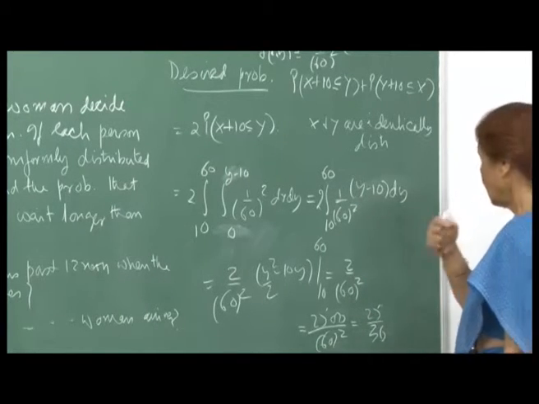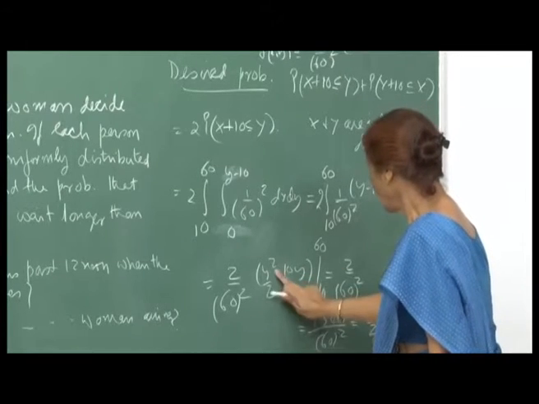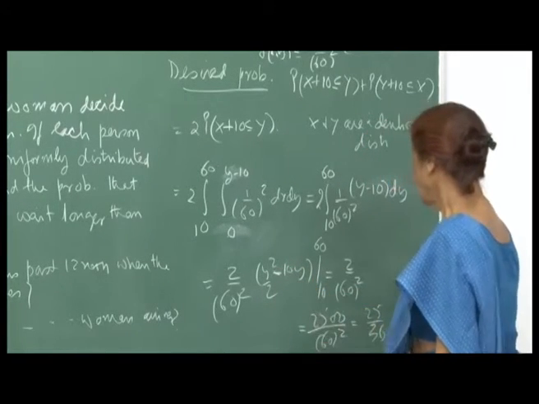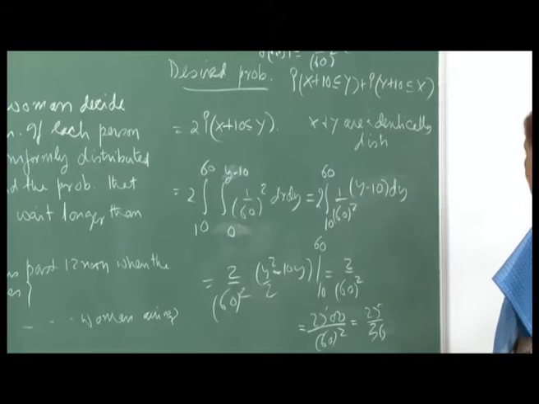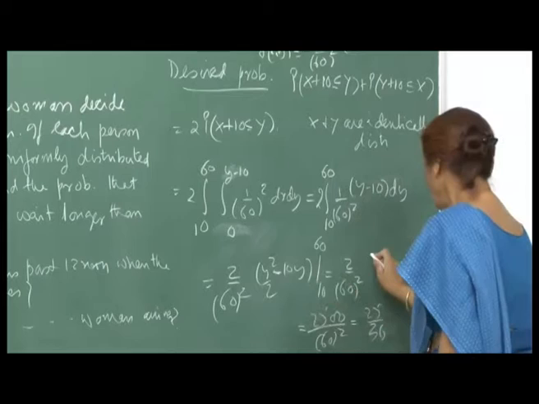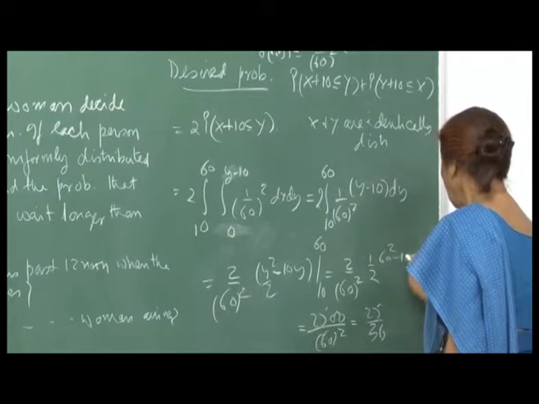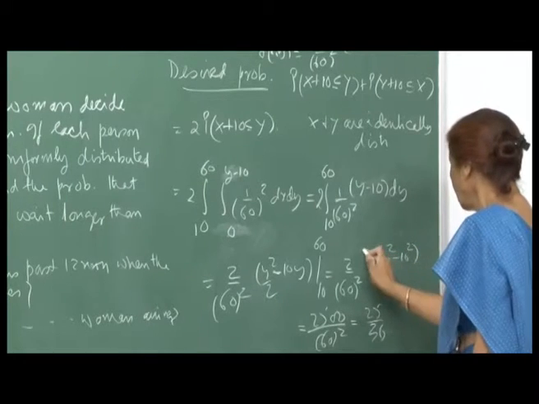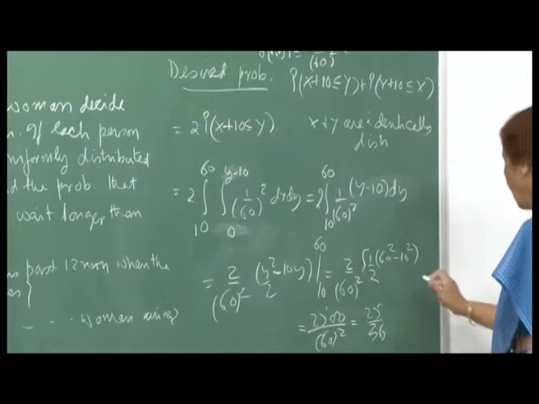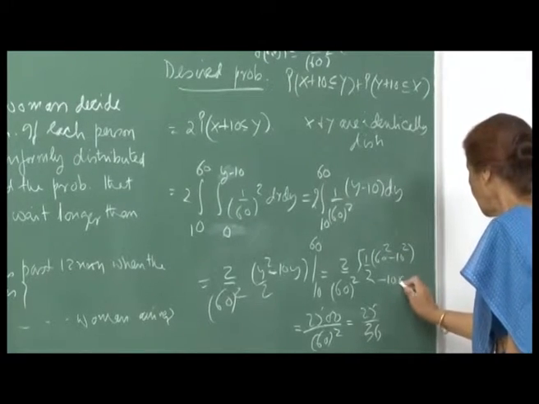And then when you integrate with respect to y, it will be y square by 2 minus 10 y from 10 to 60. So, this will be 2 by 60 square, and this will be 1 by 2 into 60 square minus 10 square, right, and then minus 10 into 60.